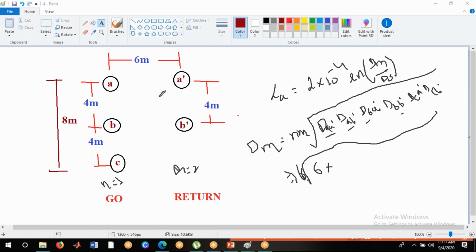If you want to find this, DAB dash is equal to square root of 36 plus 16.